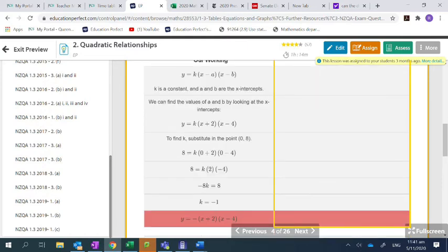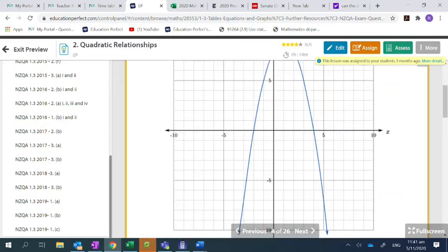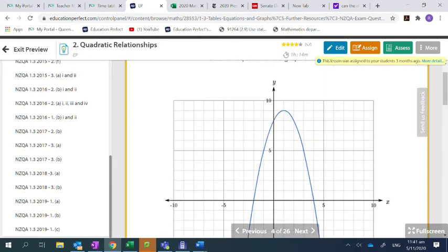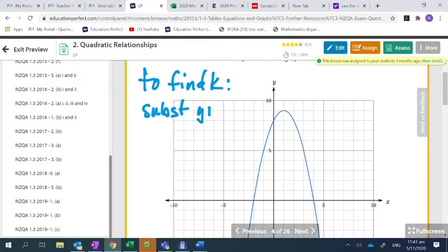To find the k, you simply substitute the point 0, 8, because that's the y-intercept. To find k, substitute the y-intercept into the equation.